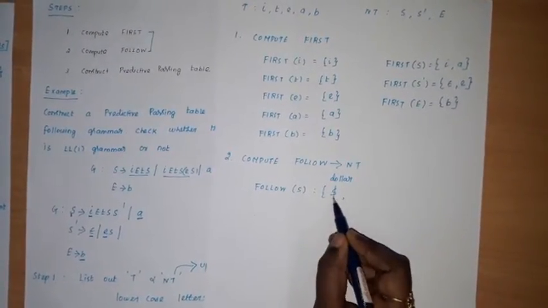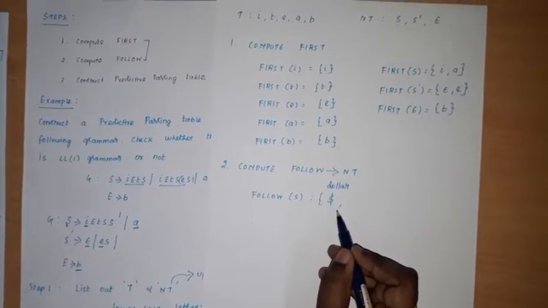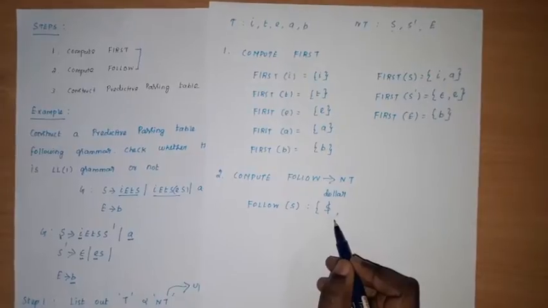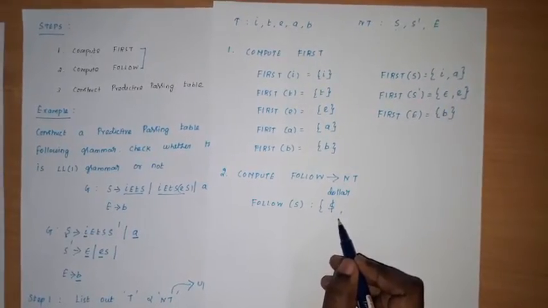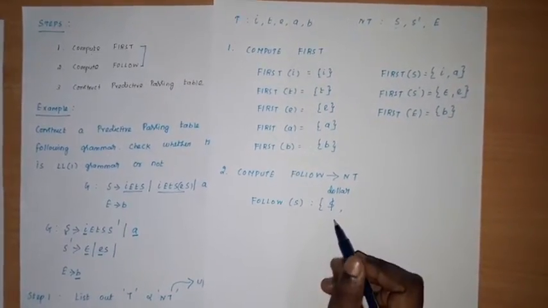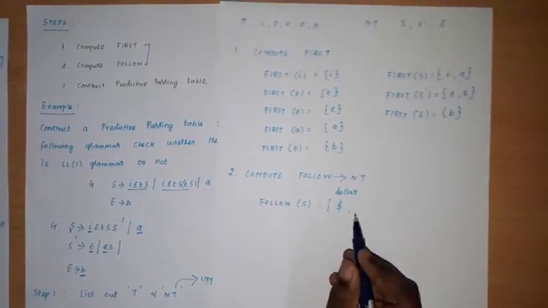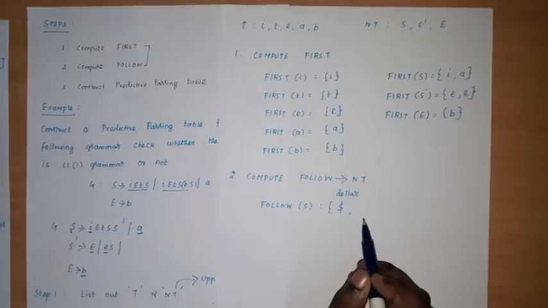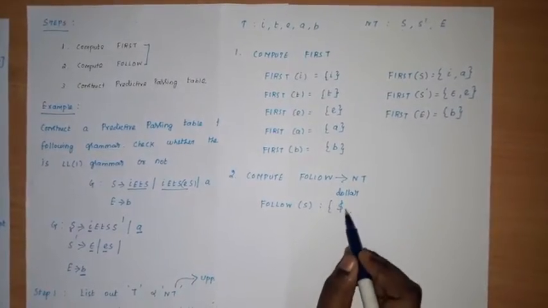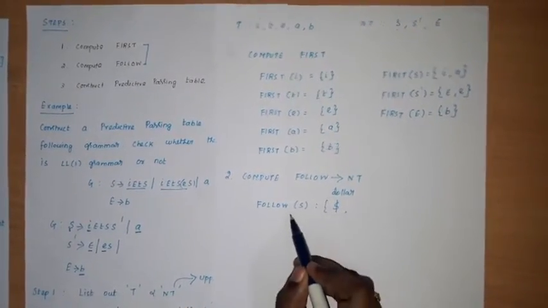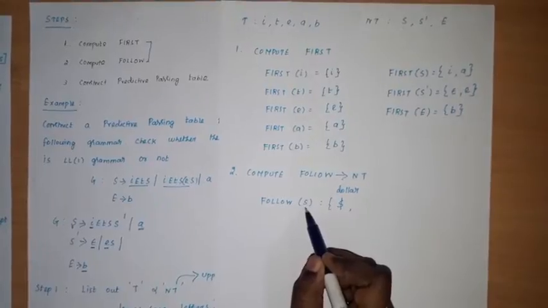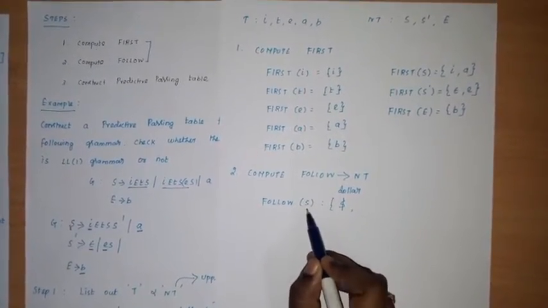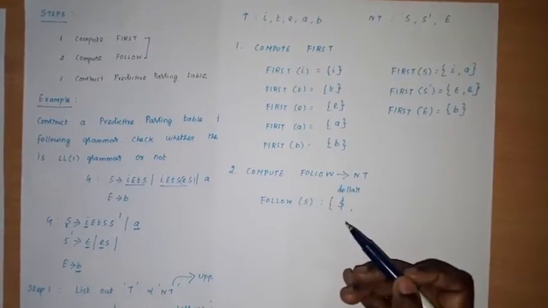It is to check whether the given input string is accepted or rejected by the particular grammar. So we are putting dollar for the start symbol of the grammar. It is a mandatory step.